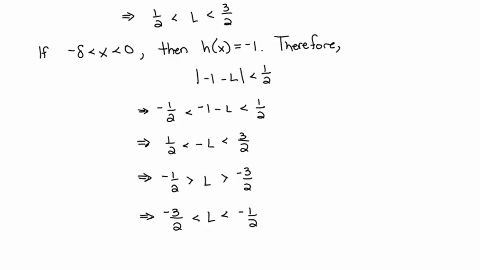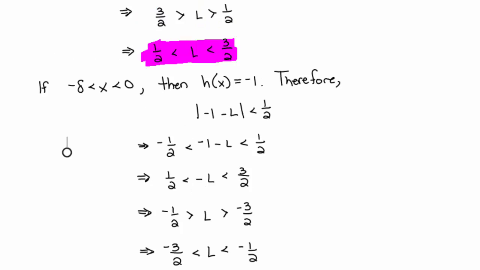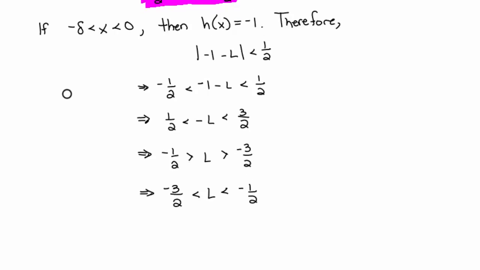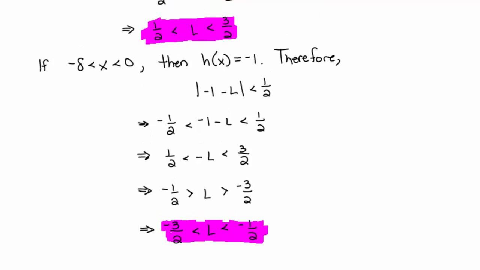This inequality here tells us that as long as our x's are greater than 0 but still less than delta, our function is going to limit to some number between 1/2 and 3/2. The next statement says, but if x is less than 0, our limit is going to be between -3/2 and -1/2. And that is not the same exact range.